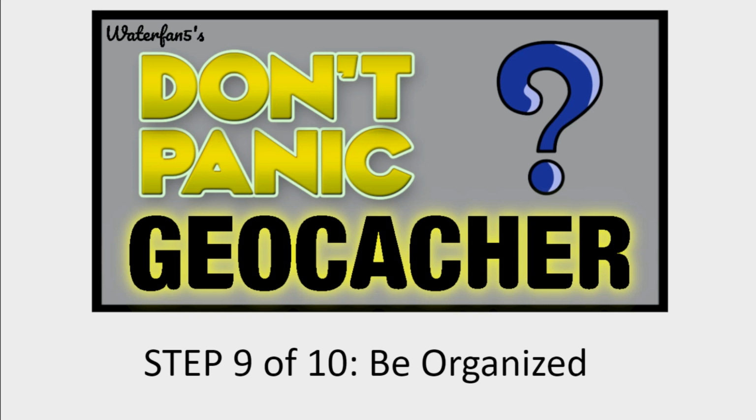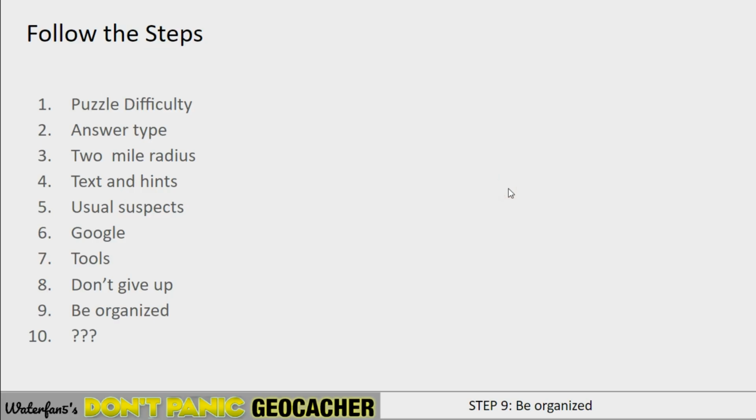In this one, I will talk a little bit about how the previous videos can help you and how you can combine them into a structured approach. These were some of the videos that we talked about, right? We talked about the puzzle difficulty, and looking at different answer types. We looked at the 2 mile radius. We looked at researching text and hints in the text.